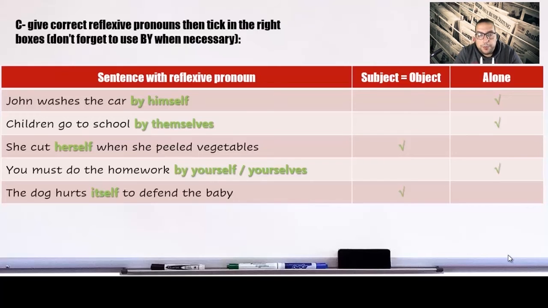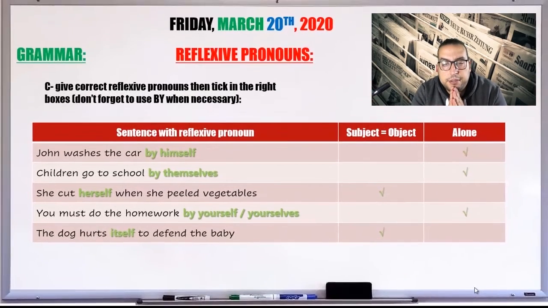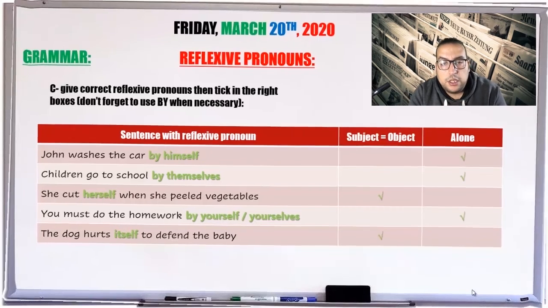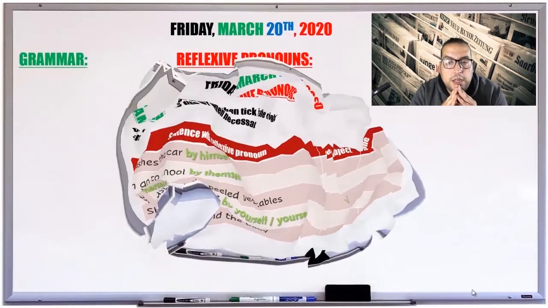My friends, I hope you enjoyed this lesson and you get the idea behind it. Now I want you to go please to your textbook when you are at home and do the following homework. You go to page 101. You have the title Reflexive Pronouns.